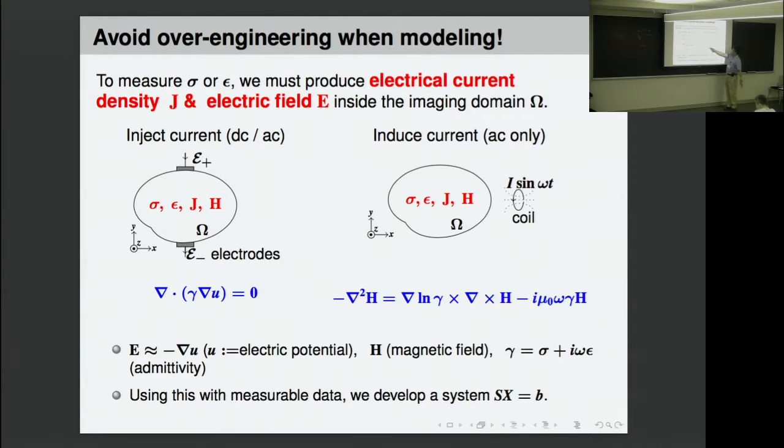This ranges from 0 Hz to 100 megahertz, less than 1 gigahertz, so it is an elliptic PDE with complex coefficient, not the Helmholtz equation. Above 1 gigahertz, you can go up to the Helmholtz equation.